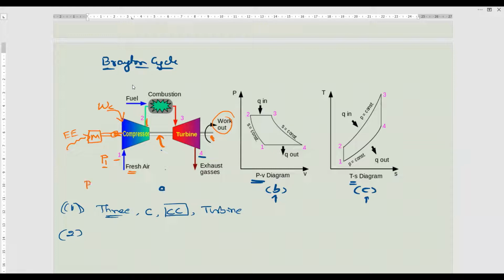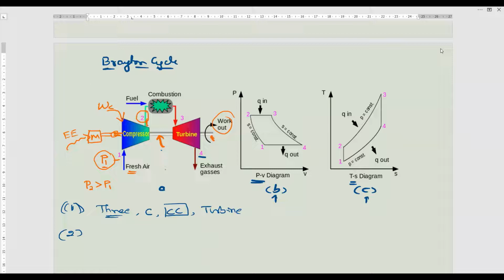P2 is greater than P1, keep in mind. Once you supply mechanical work, the compressor starts, draws fresh atmospheric air at pressure P1 and compresses it to high pressure P2.